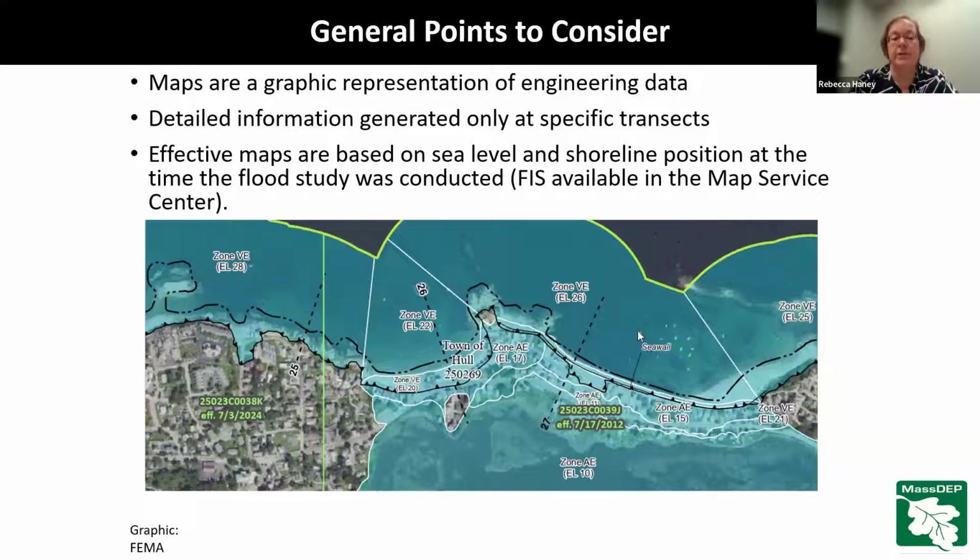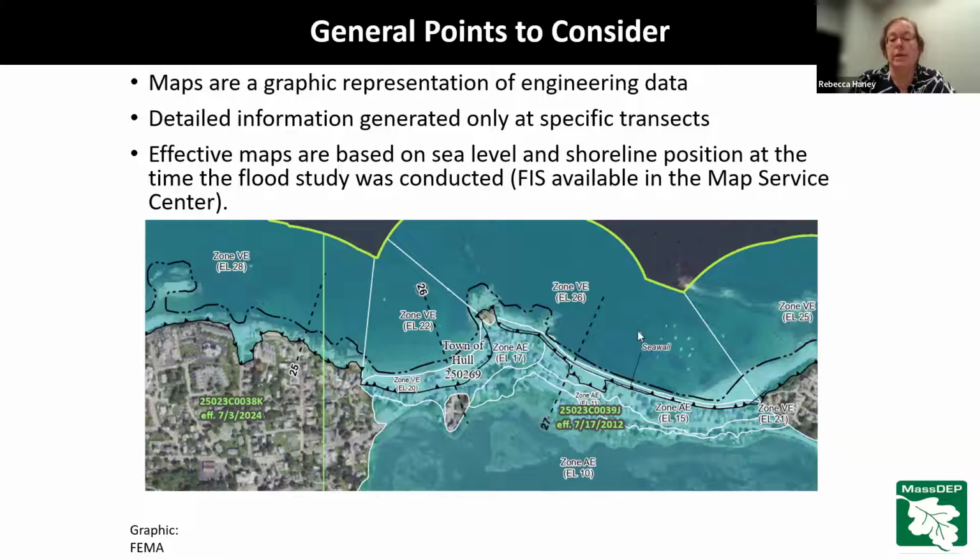The effective maps are based on sea level conditions and shoreline position at the time the flood study was conducted. So it's not just the date of the flood maps itself, but the flood study. So the flood insurance study is available in the Map Service Center where I said the flood maps were, and it describes when all the analysis was done.